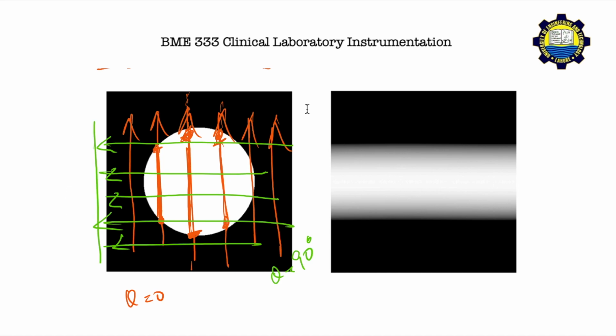It's going to be pretty much similar. 0 here, some value around here, a little more around here, some value there, and then absolutely nothing there. So it's going to be around like this. And then I could do it for 180 degrees and again 270 degrees, and I could get 4 projections.